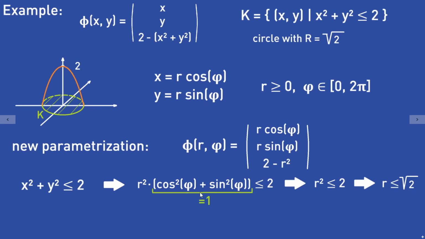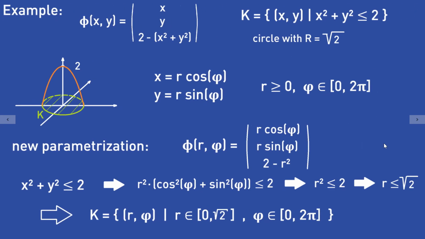Because this here is 1, the cosine squared plus the sine squared, we get that r squared has to be smaller or equal to 2, and that means that r has to be smaller or equal to the square root of 2.